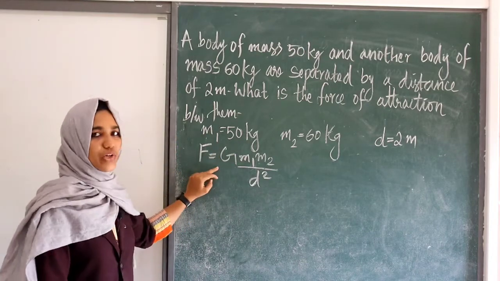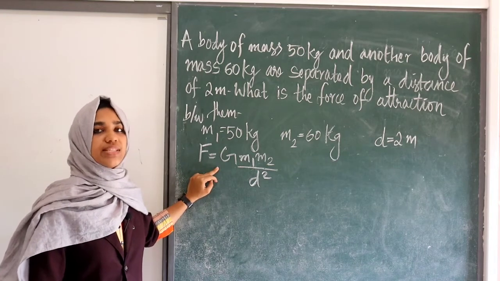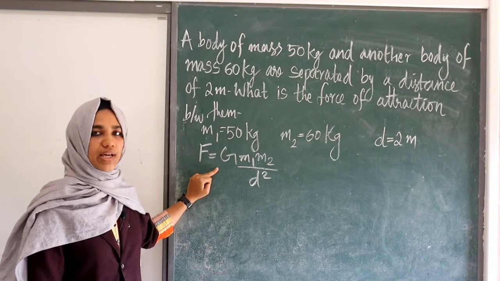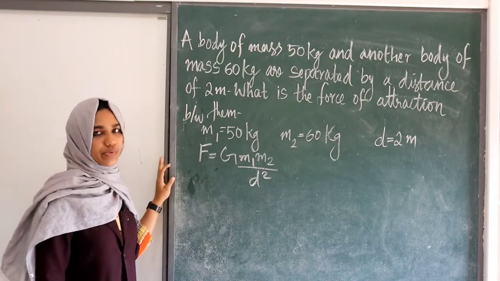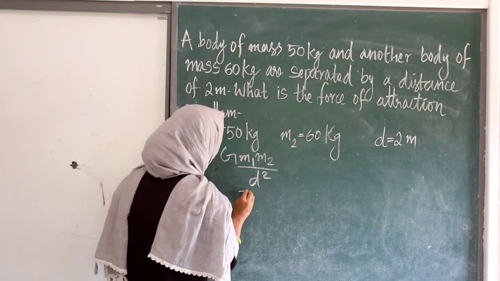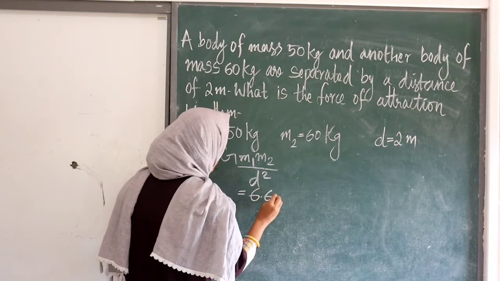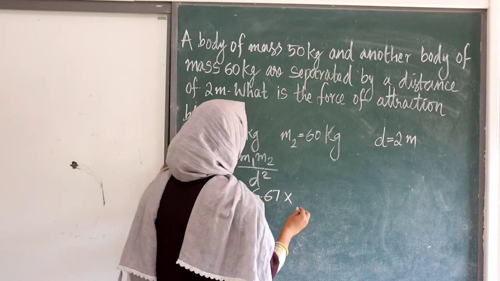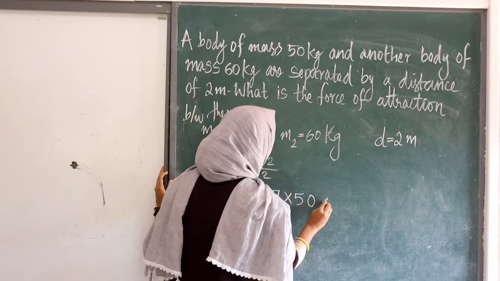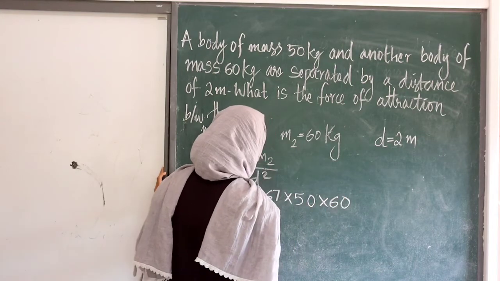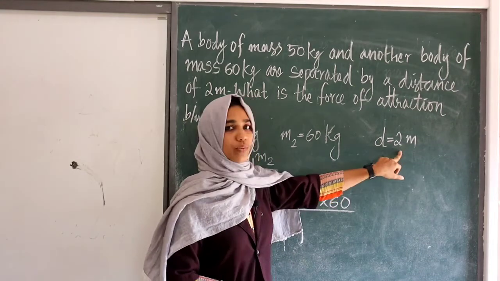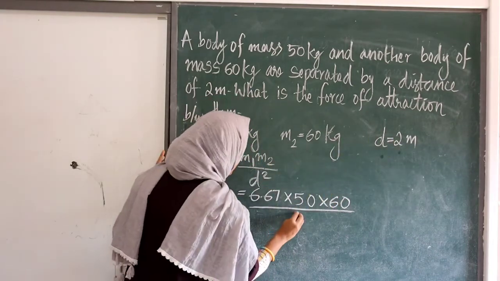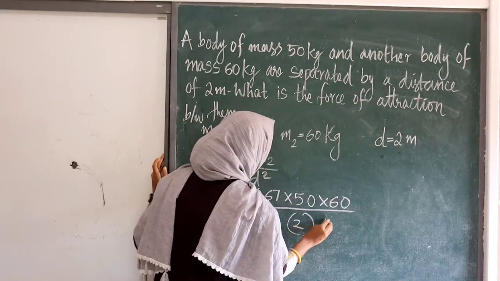We know the value of G is 6.67 into 10 raised to minus 11 Newton meter square per kilogram square. So we can write 6.67 into 50 into 60, divided by D square. D is how much? 2. So we can write 2 square.